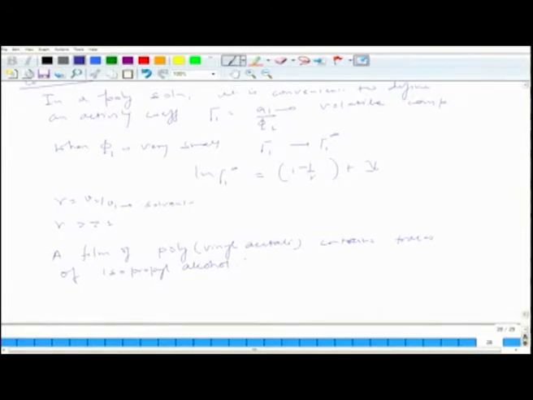Now, for health reasons, the alcohol content of the film must be reduced to a very low value, and the government regulation says that the alcohol content of the film should be less than 10 to the minus 4.